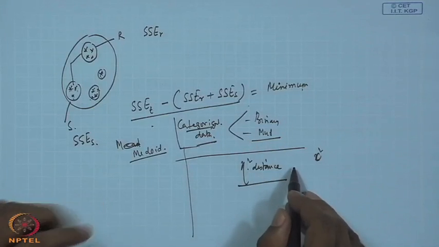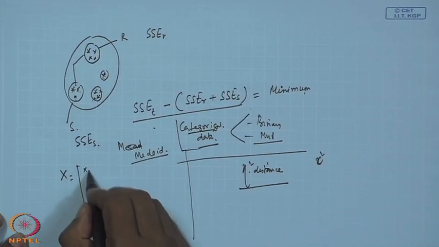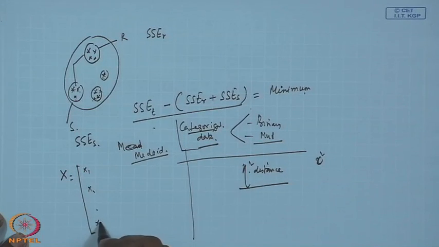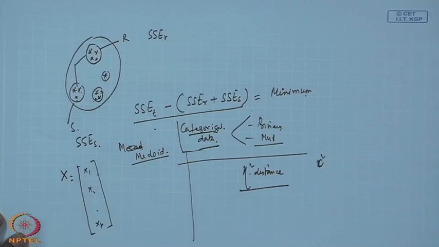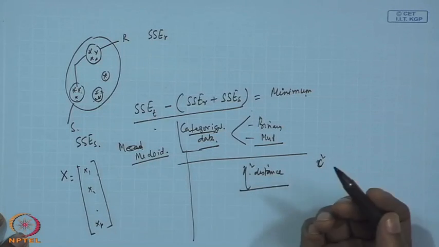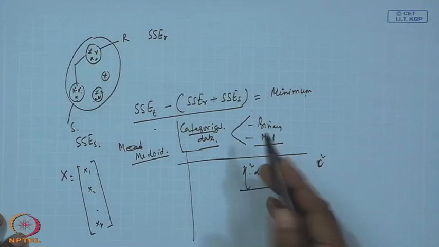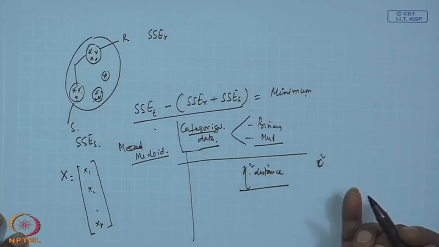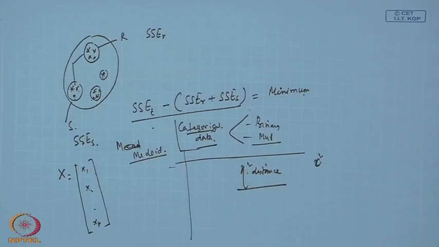So, cluster analysis requires distance. You first have to know the variable vector and individual variables, how they are measured, their scale of measurement, and if it is continuous, fine. If it is non-metric data like binary or multi-category, suppose you are using a contingency table, you can go for chi-square distance.